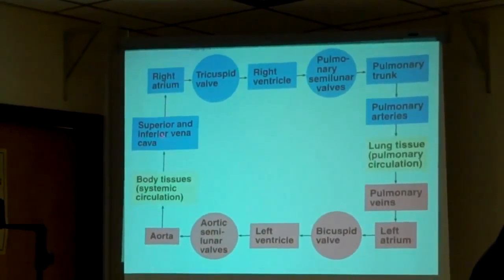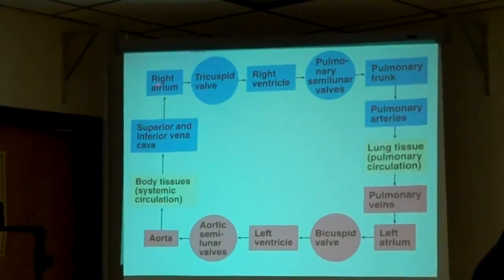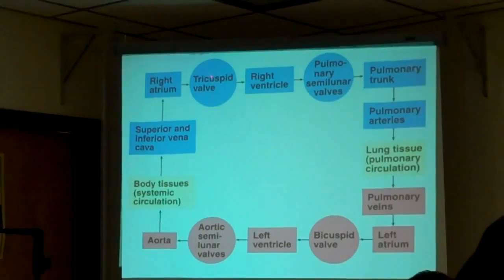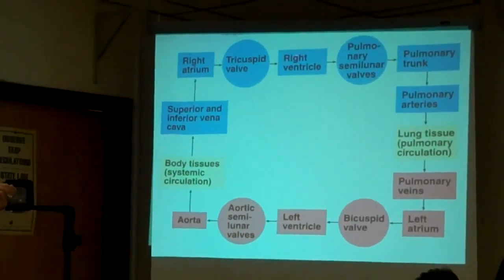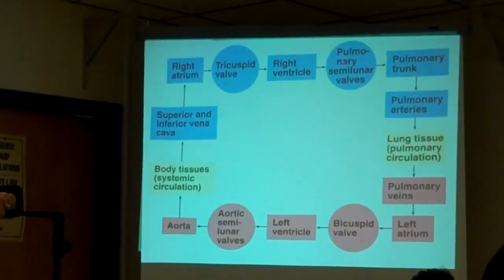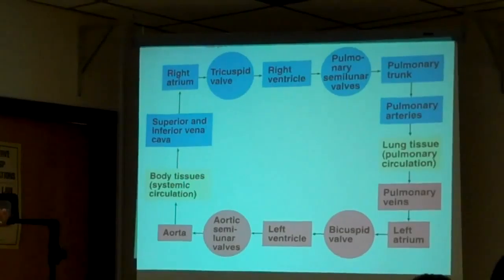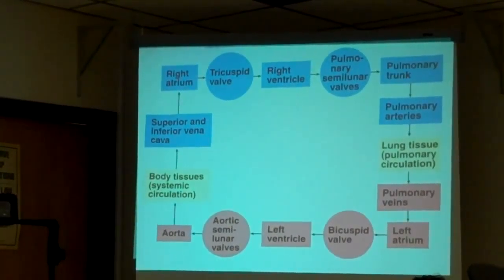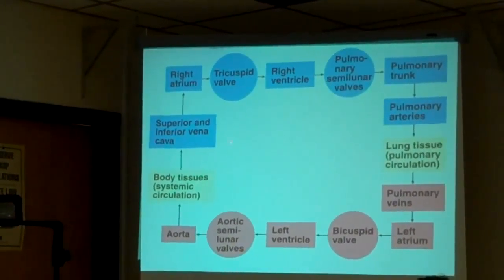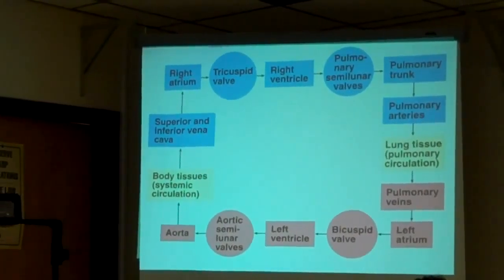Superior and inferior vena cava, right atrium, tricuspid valve, right ventricle. Now from the right ventricle, pulmonary semilunar valve, pulmonary trunk, pulmonary arteries. Okay, I'll back up on that. In circulation, look, right here. I think I put this on Blackboard, did I?